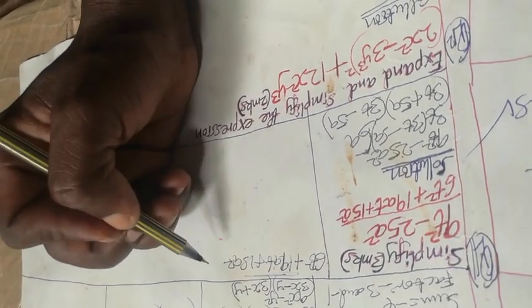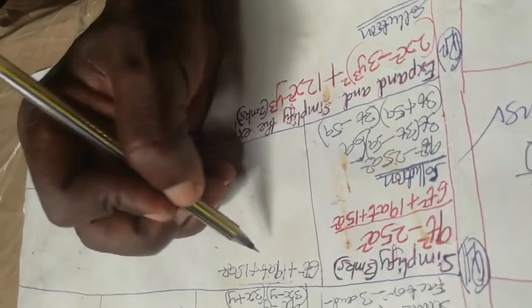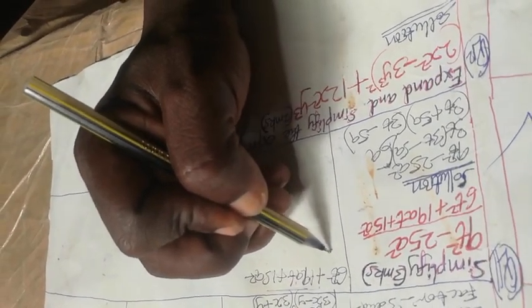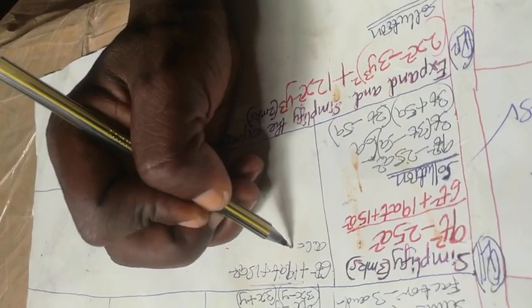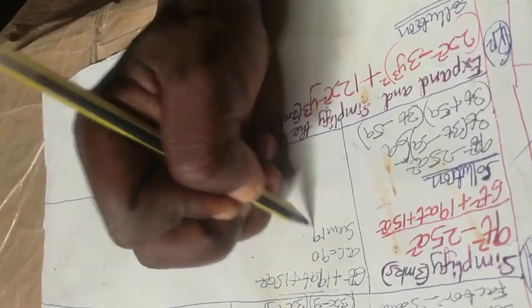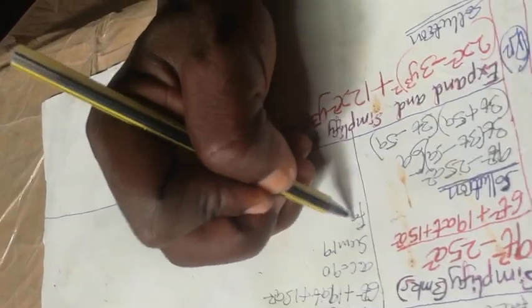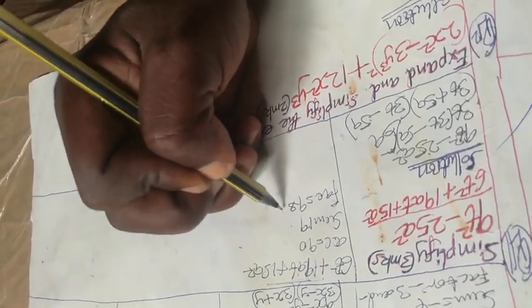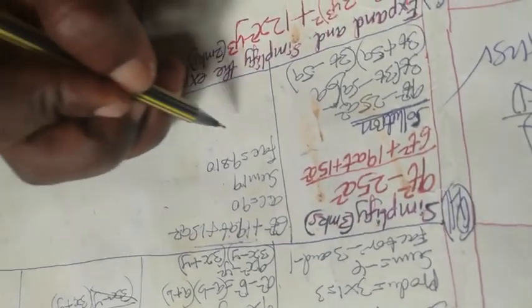We factorize the denominator. The product AC is 90, the sum is 19, hence the factors are 9 and 10.